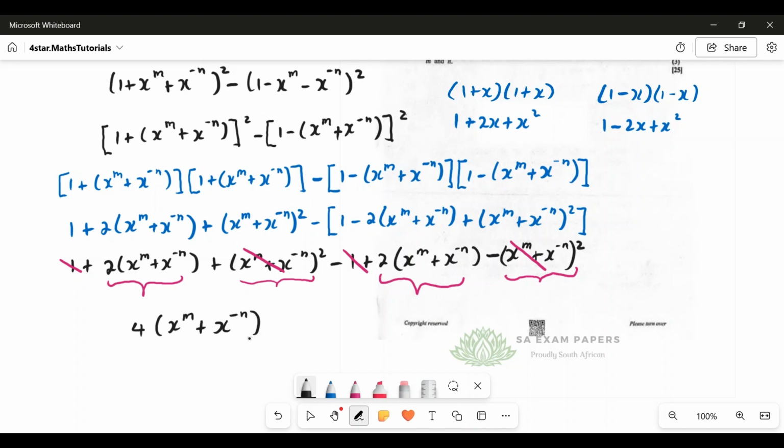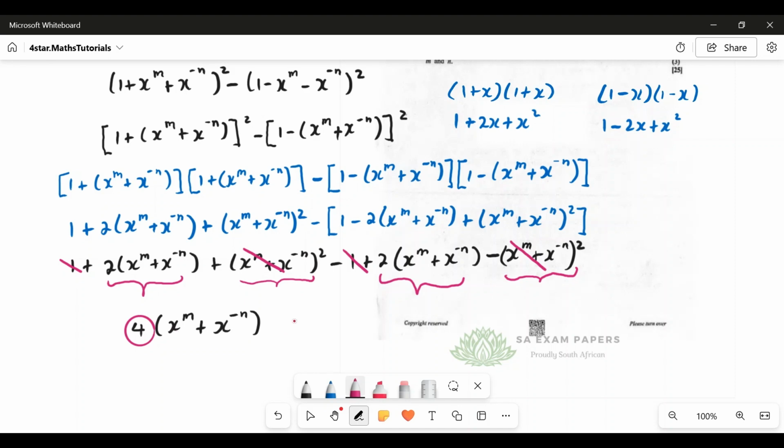If we check this, we're having x to the exponent of m plus x to the exponent of negative n multiplied by 4. And if we check, this 4 is an even number. So any number that we multiply by an even number, that number is an even number.